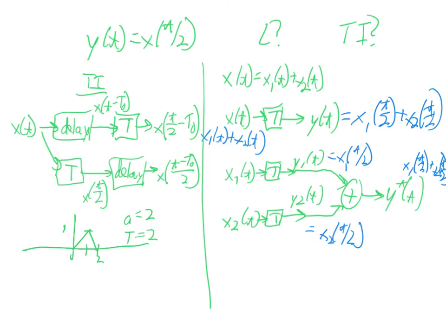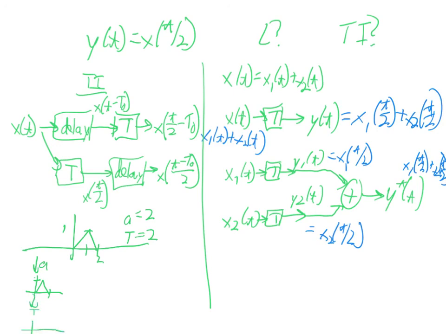So if I do time scaling, then I have speeded up. So I have in 1 second, I do that. And then I'm going to do a delay of 2 seconds.